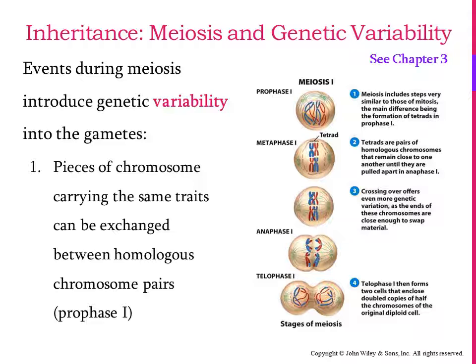So just random segregation of the chromosomes into the gametes introduces variability. That's why siblings may look like each other, but they're still very unique.